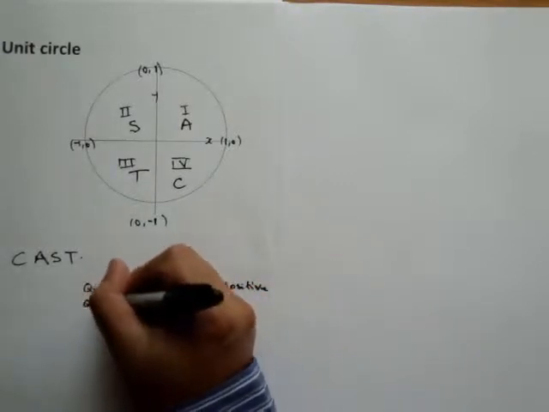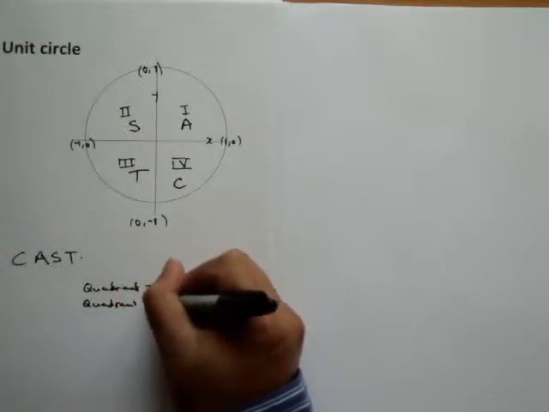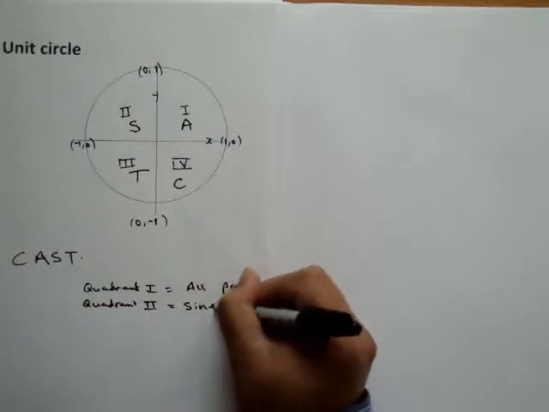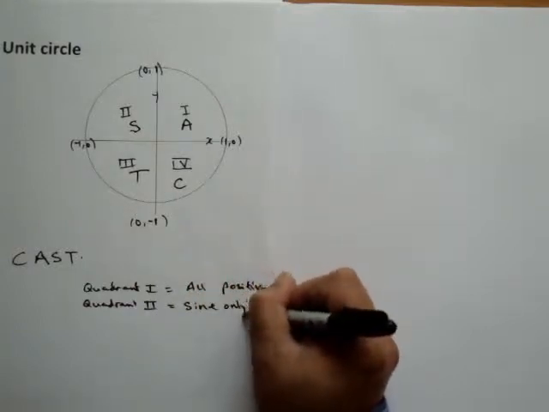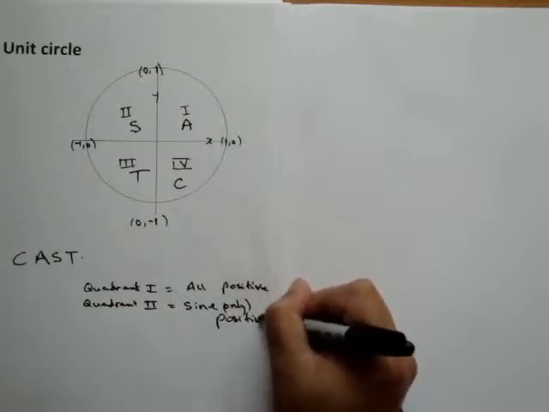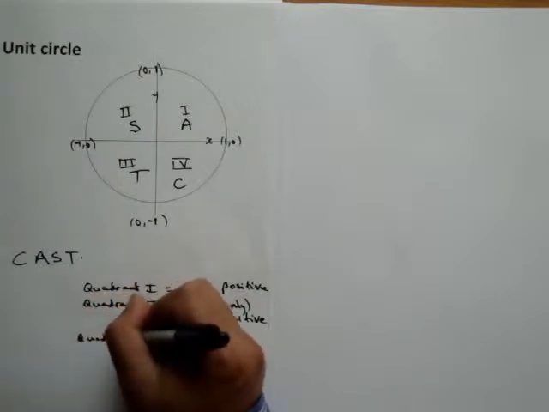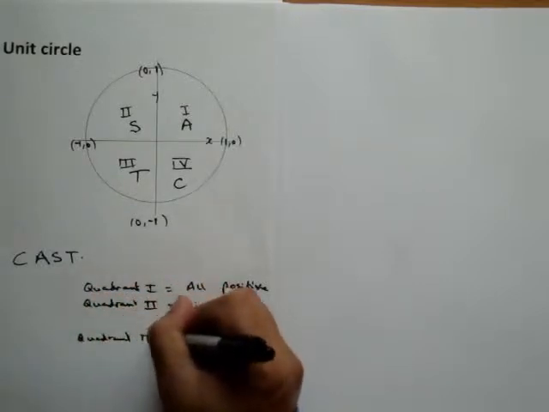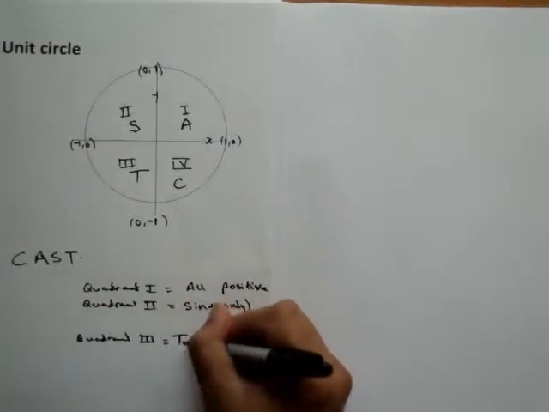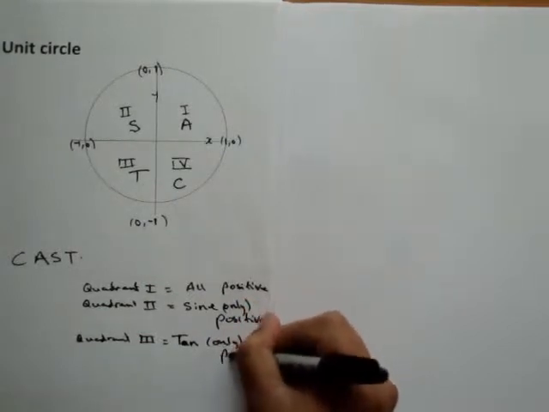In quadrant 2, only sine is positive. Quadrant 3, only tangent is positive.